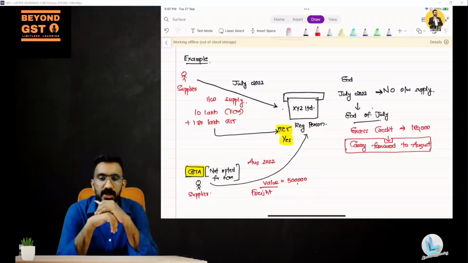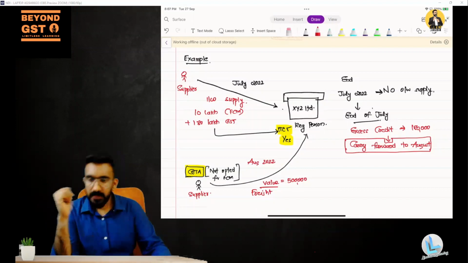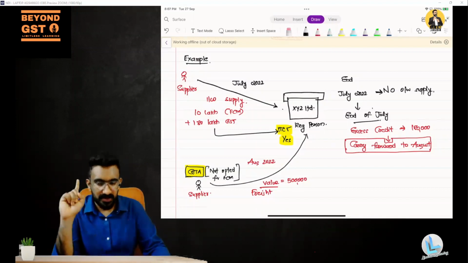Is there any scenario where it will not be taxable? Okay, I'll leave that question.